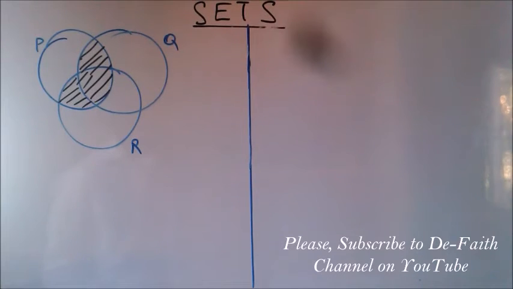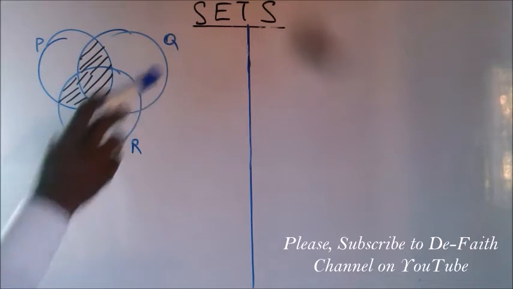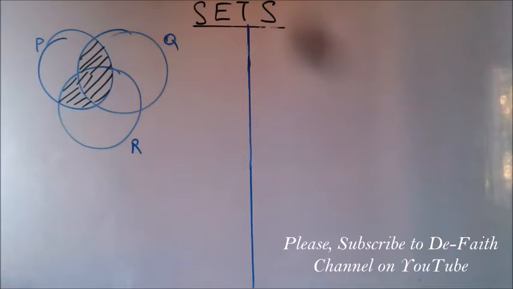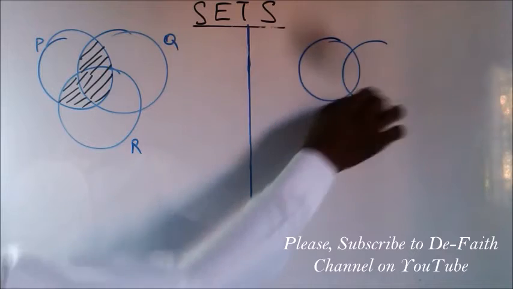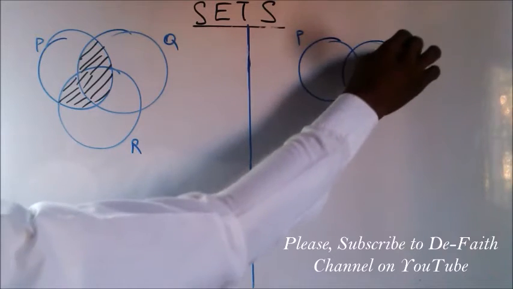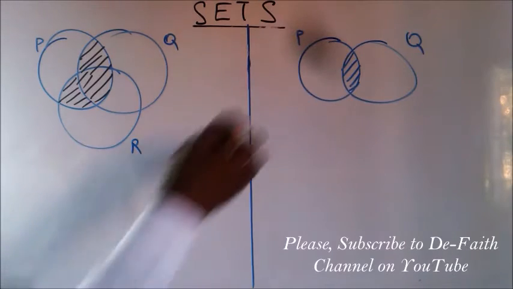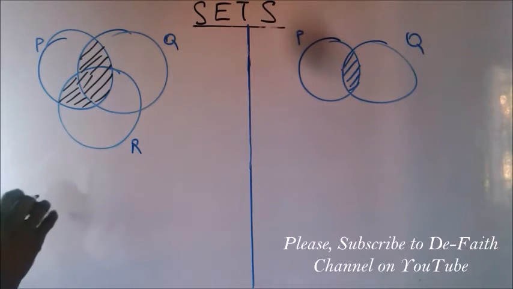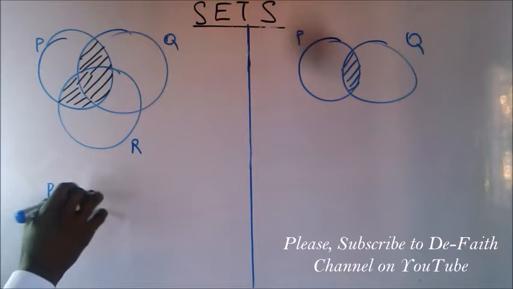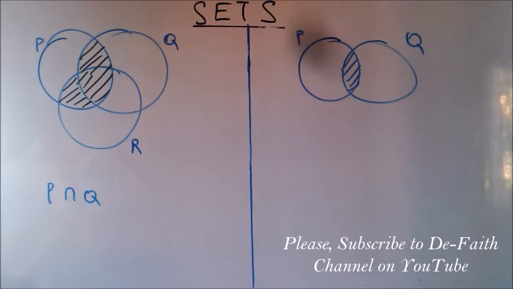Here's the next question. It says, from the Venn diagram above, the shaded part represents what? Now when we look at this Venn diagram, we have P, Q, and R. Now when we look at P and Q, over here it is shaded, and so that place which is shaded is known as P intersection Q, right?